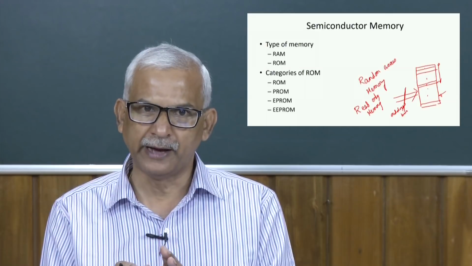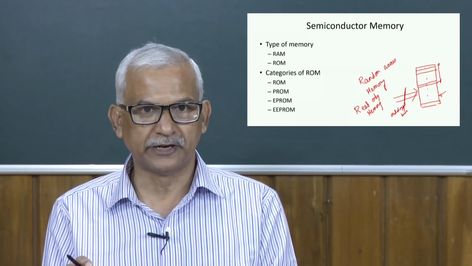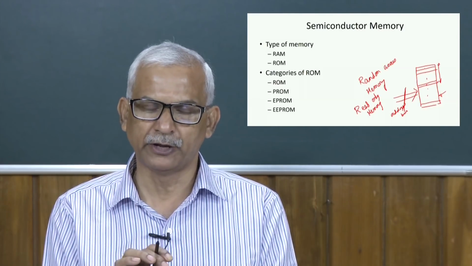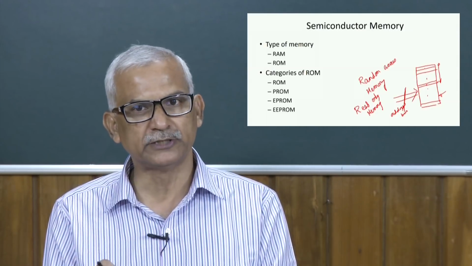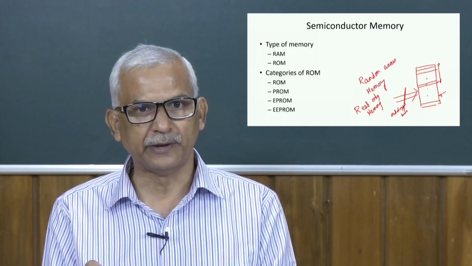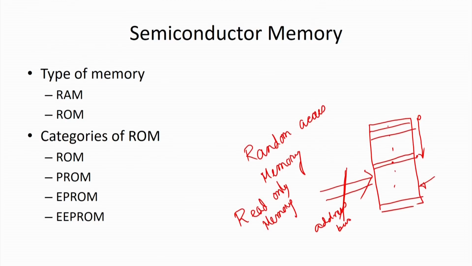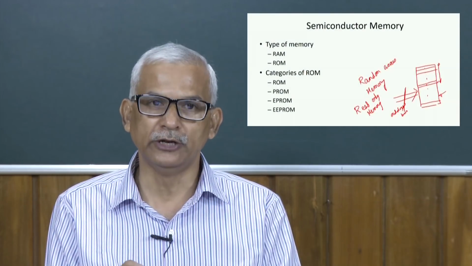Erasing can be done by exposing that particular ROM chip to ultraviolet rays, and once it becomes blank, again we can reprogram it. In that case, if there is a mistake in one particular memory location, still we have to erase the entire ROM and reprogram it. So, for that we have the next level, which is known as EEPROM, electrically erasable programmable read only memory.